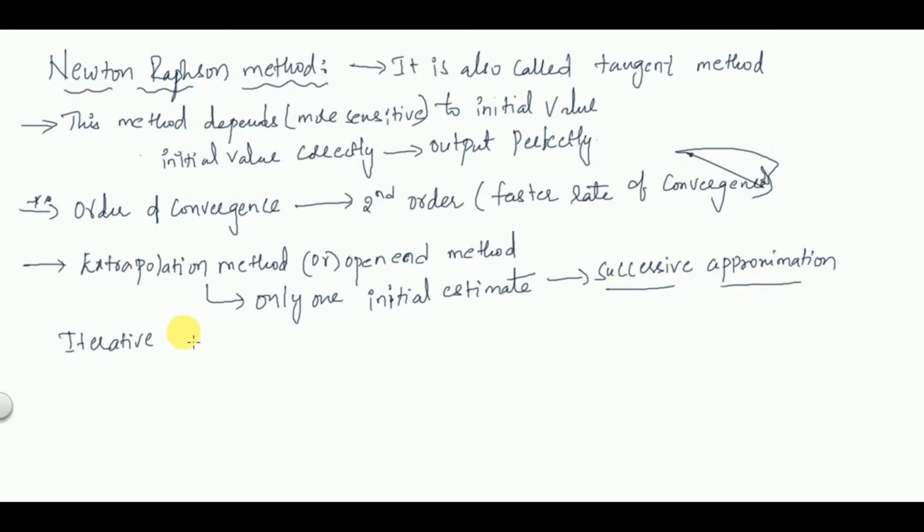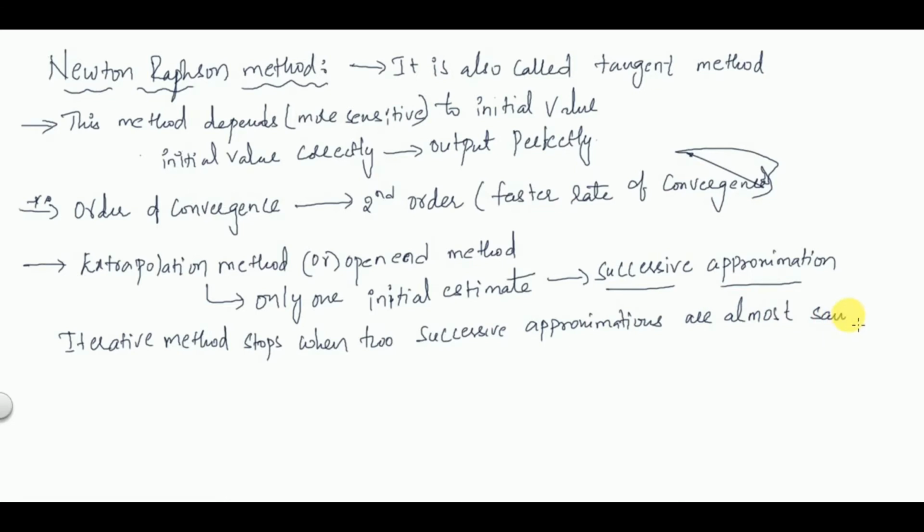When will this iterative method stop? The iterative method stops when two successive approximations are almost same. Okay, so when two successive approximations are almost same, then iteration stops.